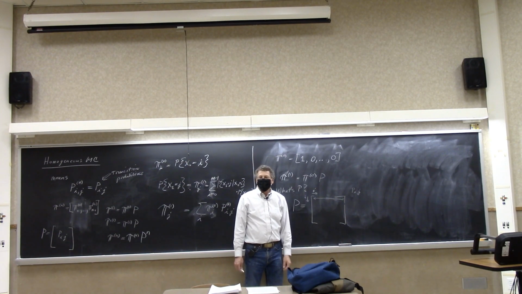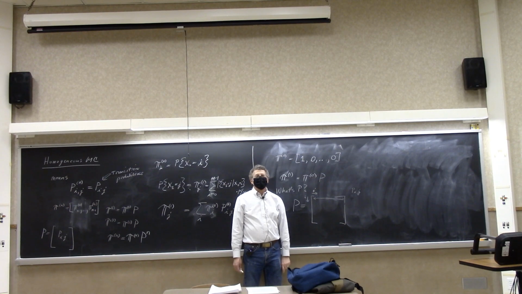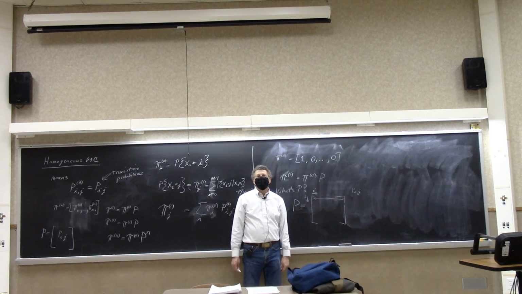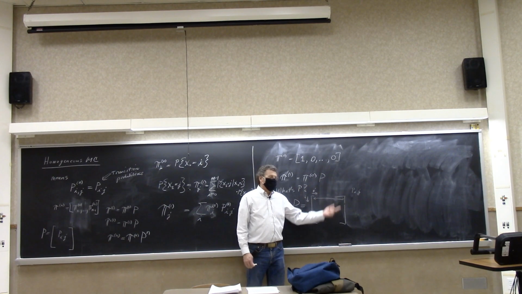Tell me anything interesting about the numbers in the row. They sum to 1. They sum to 1. Why? Because it's a probability distribution on the set of output states given that the input state is 0, right?